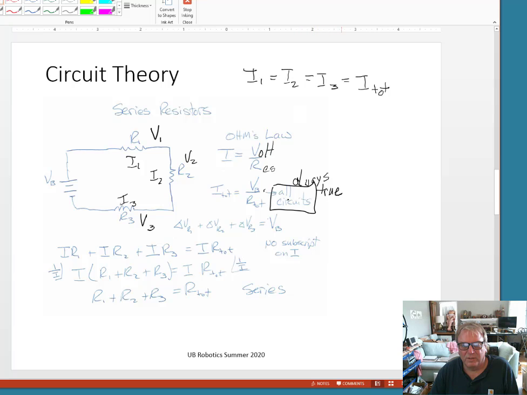The trick is, what is R total? Now, for the series circuit, we can use Ohm's law and rearrange it to say V equals IR, so we don't have to have separate labels. That's interesting.